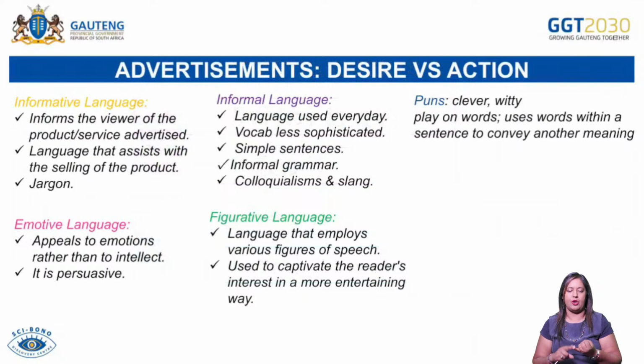So he'll make use of informative language, for example. So the language or the words used in the text will be there to inform me about the product or the service. It would be language that will assist the advertiser to sell the idea or the product.